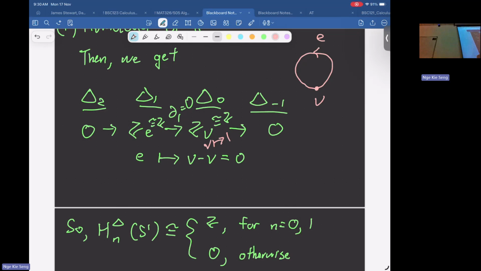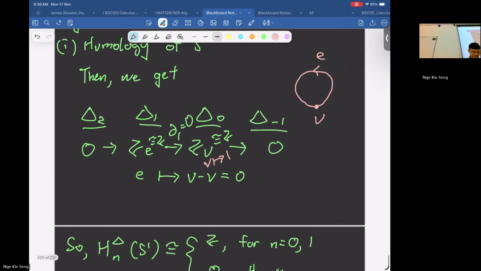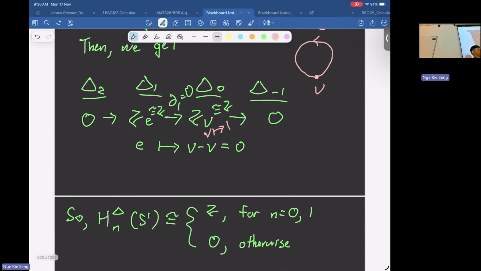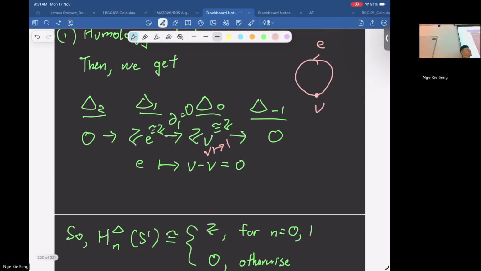A linear combination of V: 2V, 3V, 4V minus 2V. It's all inside there. So we actually put a module on top of this point. We put a free abelian group on top of this object.